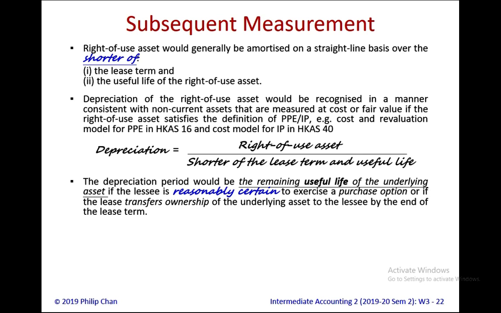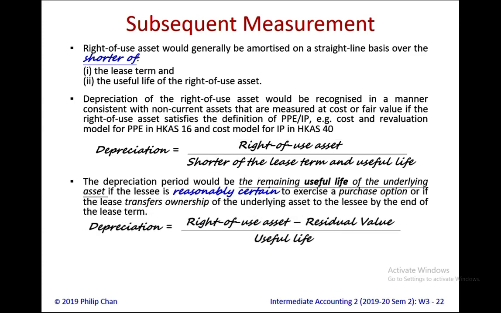Or if the lease contract would transfer the ownership of that asset to the lessee by the end of the lease term. Under either circumstance, the denominator should be the useful life instead.